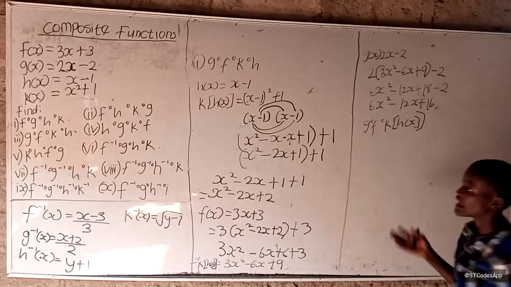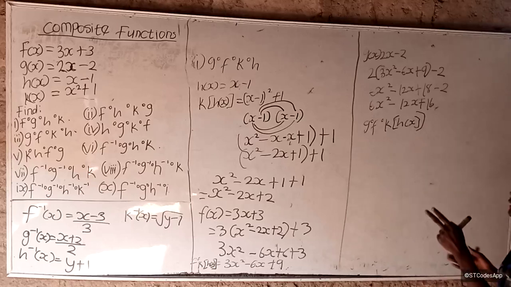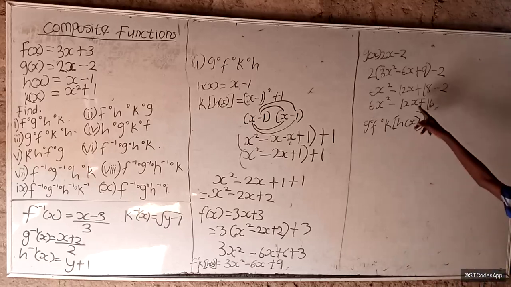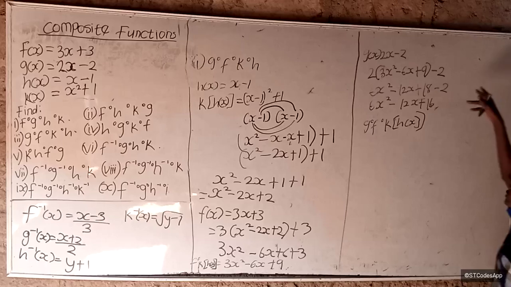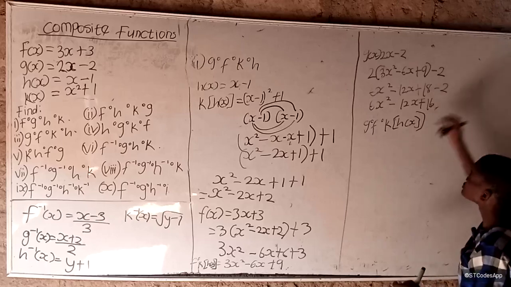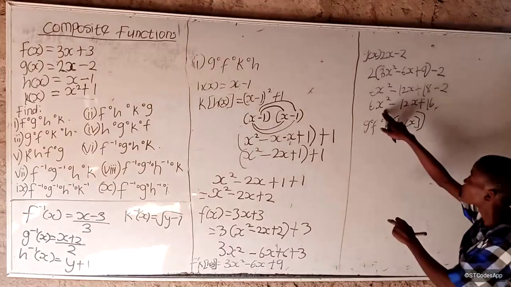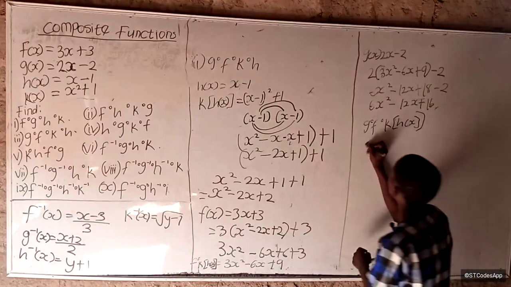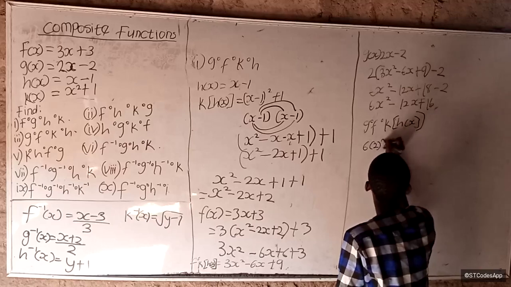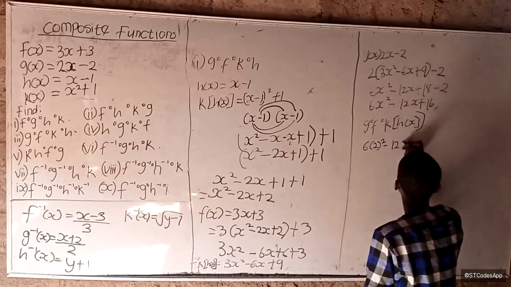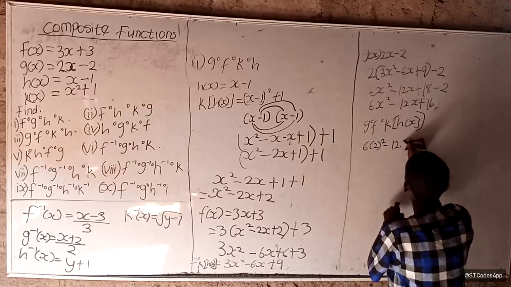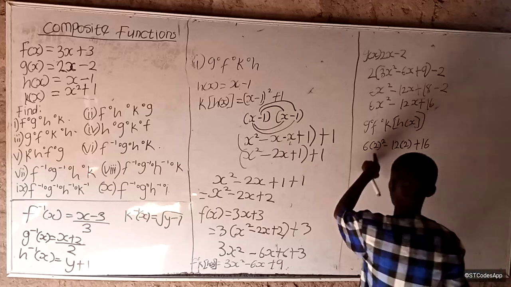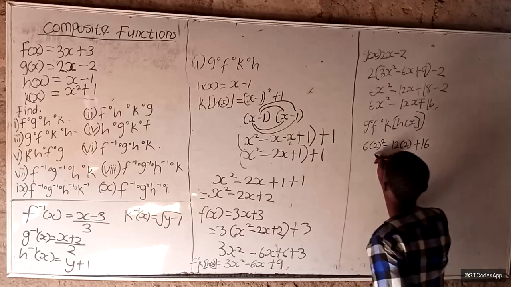As I said earlier, we plug in a number for the value of this x, and we said we are using 2. So using 2 in replacement of this x, we have 6 into bracket 2 squared minus 12 into bracket 2 plus 16. 2 to the power of 2 is 4.